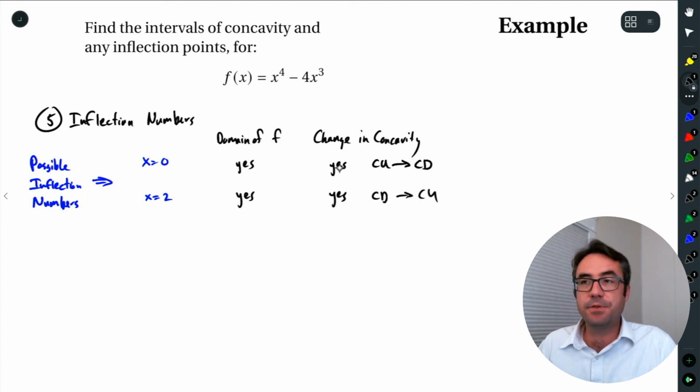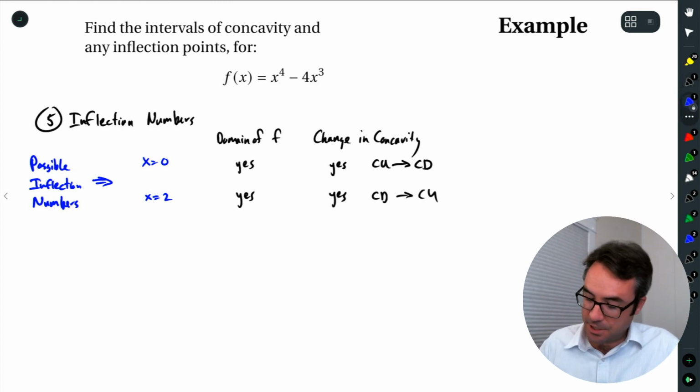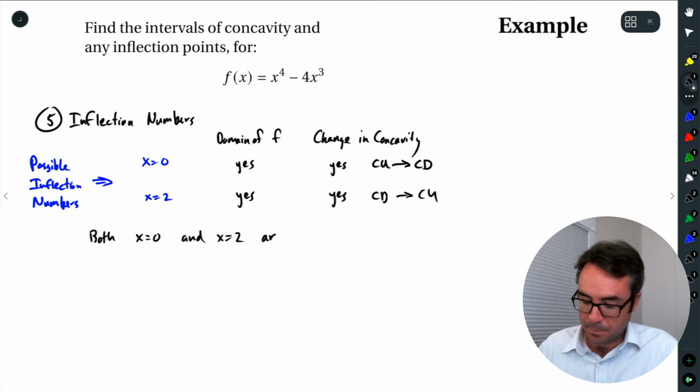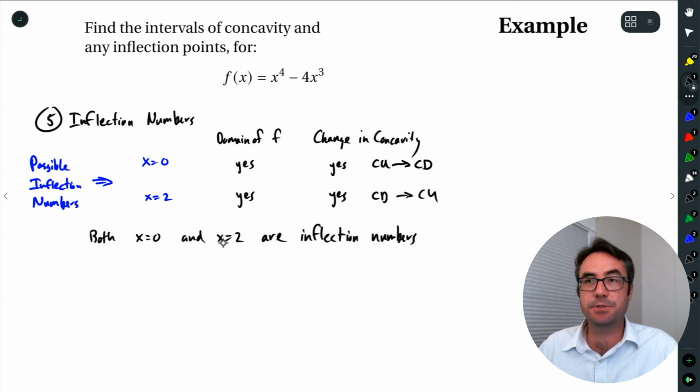So since both of these satisfy these extra conditions, both of these x values, x equals 0 and x equals 2, are not just possible inflection numbers.